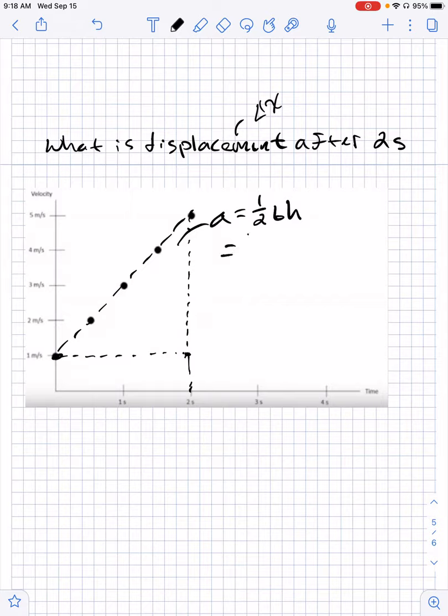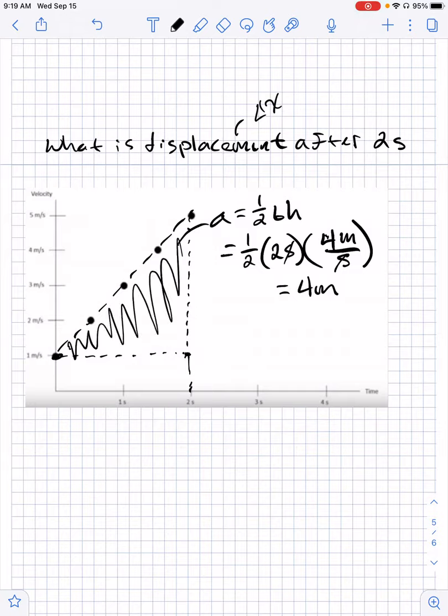So that would give me 1/2 times the base, which we said was 2 seconds, times the height, which is from 5 to 1, so that's going to be 4 meters per second. Now look what happens to my units. I have seconds times meters per second, so the seconds will cancel out. So 1/2 times 2 times 4 is equal to 4 meters. So there's the area of this triangle here.